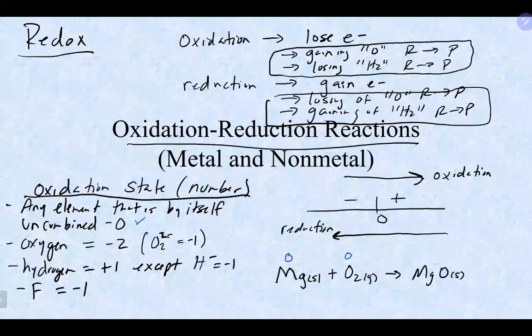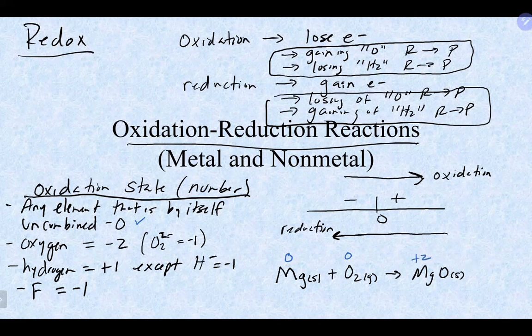When the magnesium and the oxygen come together, we make an ionic compound, and the magnesium on the right-hand side is group number 2, which means it has a +2 charge. And oxygen here is group number 6, which means it has a -2 charge, our oxidation state. Any questions on how I got those numbers?